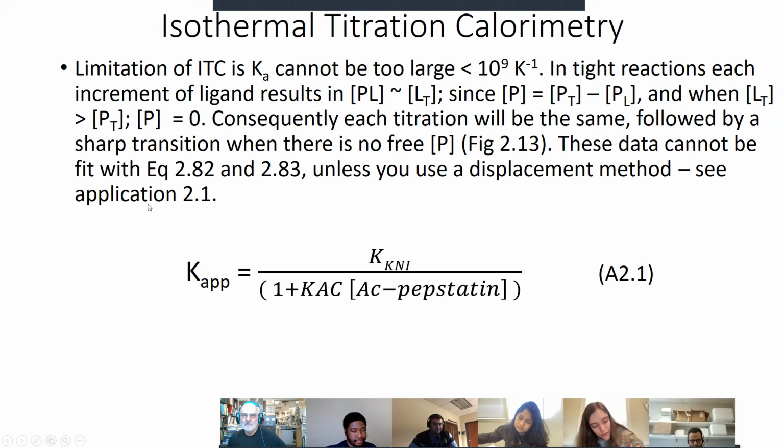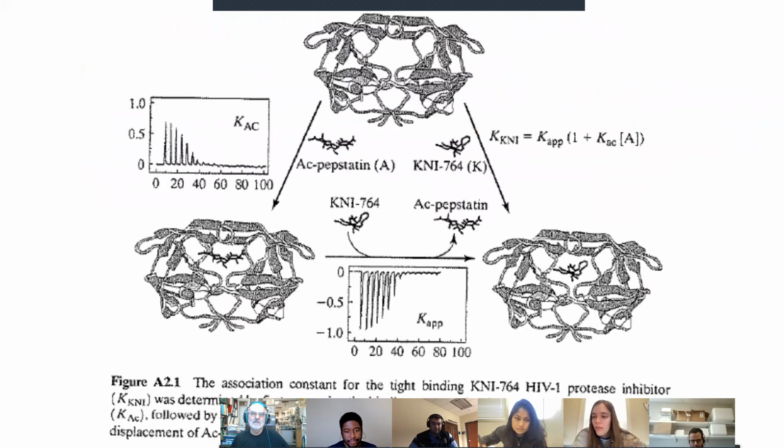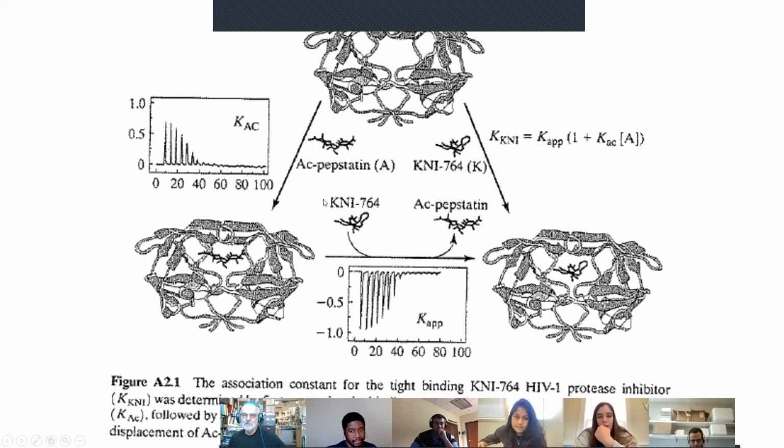Okay. So you can't fit it this way, but you can use something that involves a competition. This is the equation that's derived in this box. And the competition is if you put some other kind of weak binding ligand already into the site, and then you titrate with something that binds tightly, it's basically a displacement reaction.